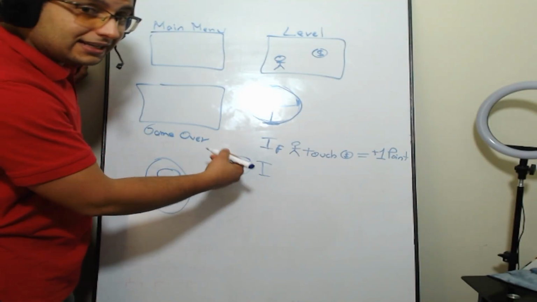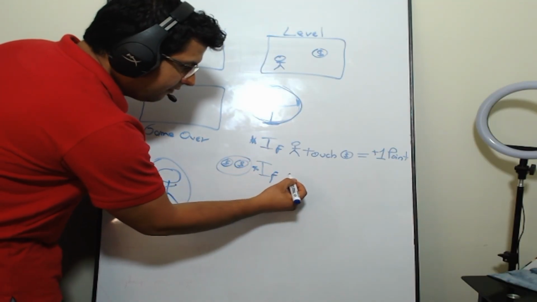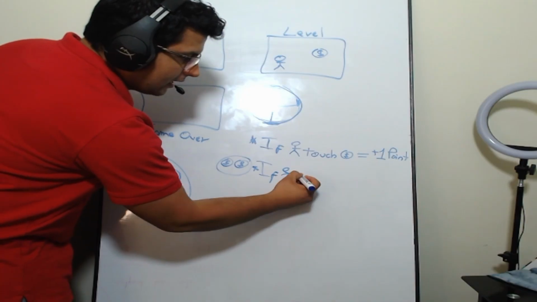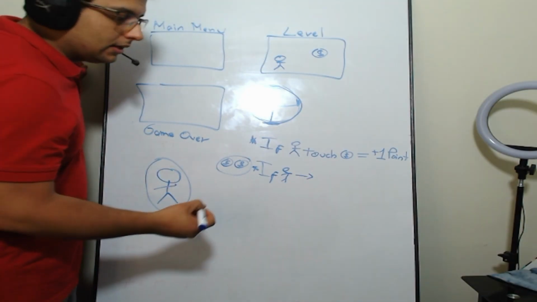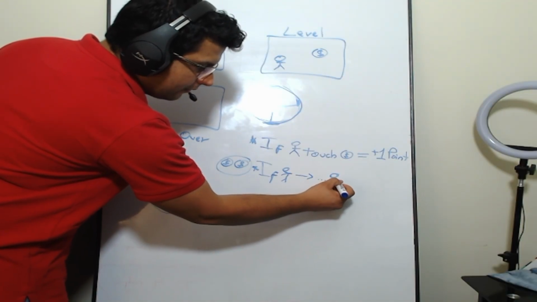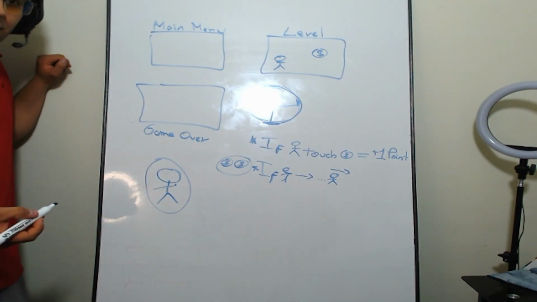If we add another condition here, this is 1, this is 2. So if the player presses the right arrow button, the character will be moving to the right, okay?